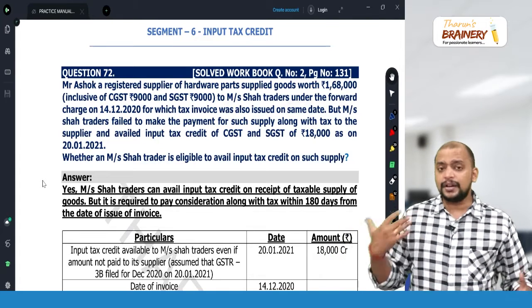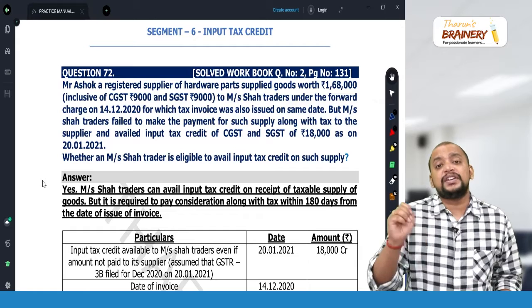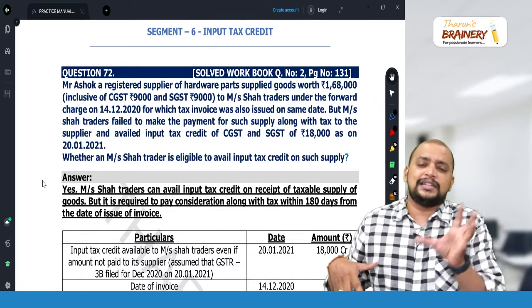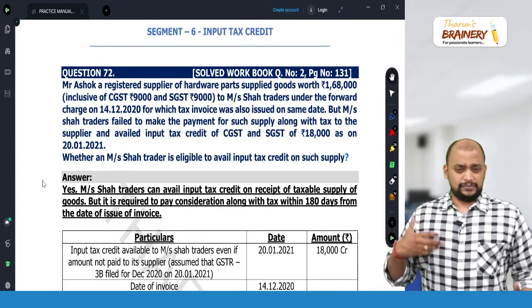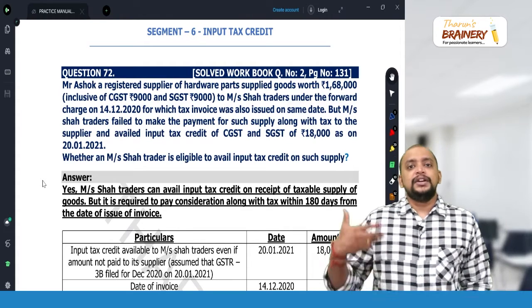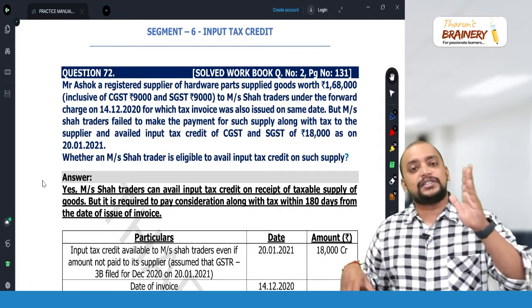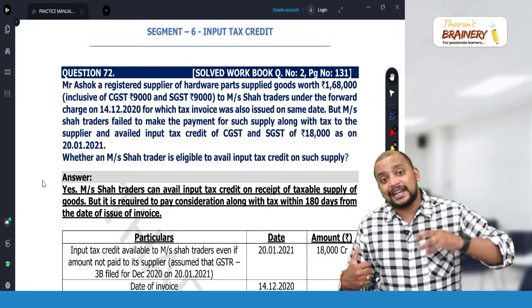Now, for any month whenever an invoice is received, when we file GSTR 3B for that month, what is the due date of GSTR 3B? The GSTR 3B due date is the 20th of the month following every month. And if you are covered under QRMP, 22nd or 24th.